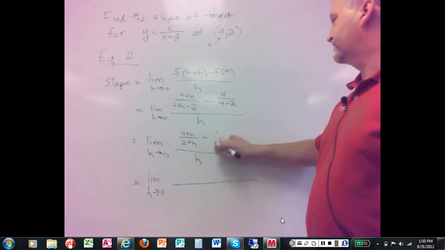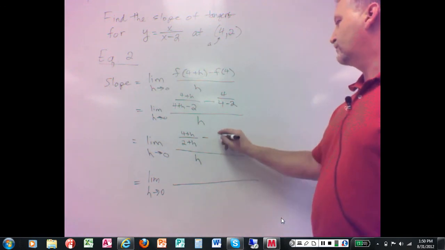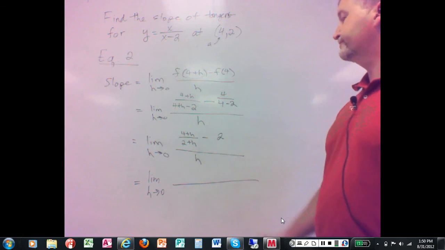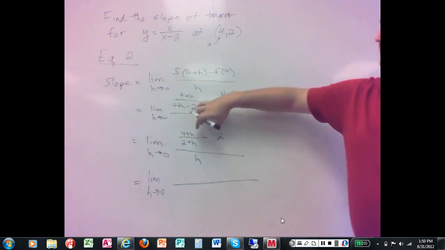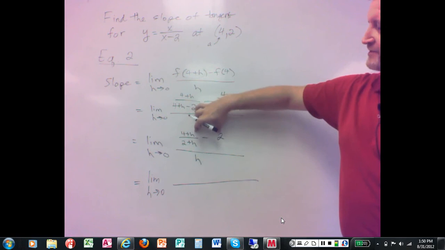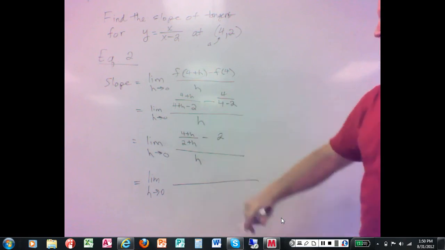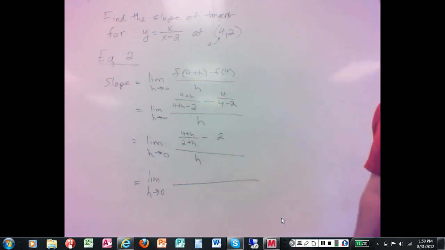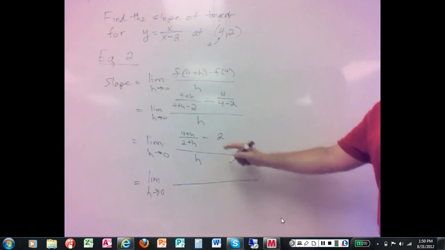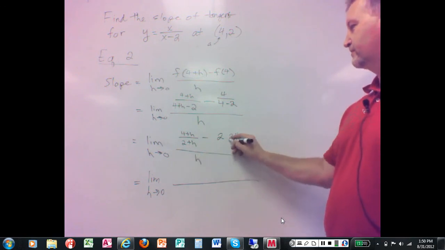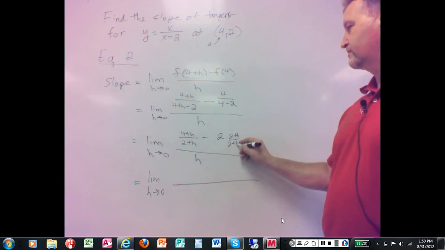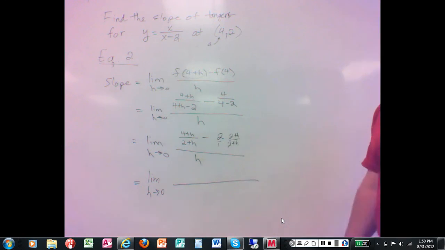This one reduces. 4 over 2 just gives me 2. So now I combine these fractions. If I combine these fractions, what would I have to do? Well, the only denominator up here is 2 plus h, so I need to multiply this one by 2 plus h over 2 plus h, that being 2 over 1.